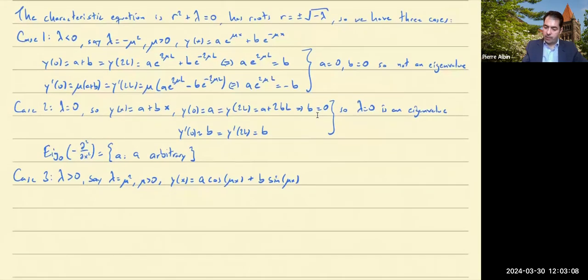Let's impose our boundary conditions. So y of 0, cosine of 0 is 1, sine of 0 is 0, so that's just a. We want that to be equal to y of 2L, which would be a cosine 2 mu L plus b sine 2 mu L.